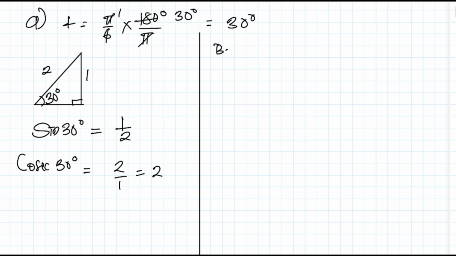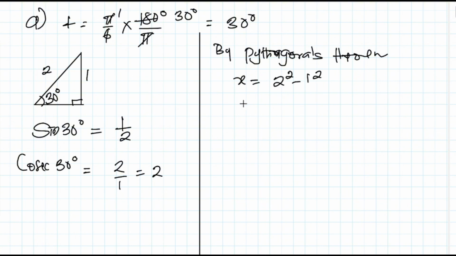And then by Pythagoras theorem, we have x squared equals 2 squared minus 1 squared. So x squared equals 4 minus 1, which equals 3. So x equals square root of 3.